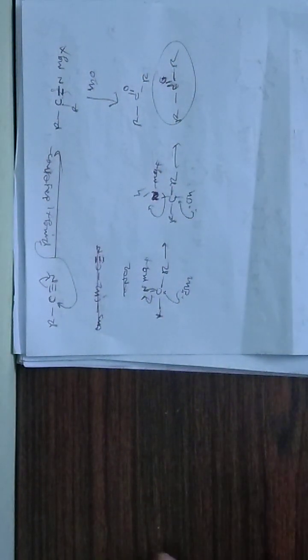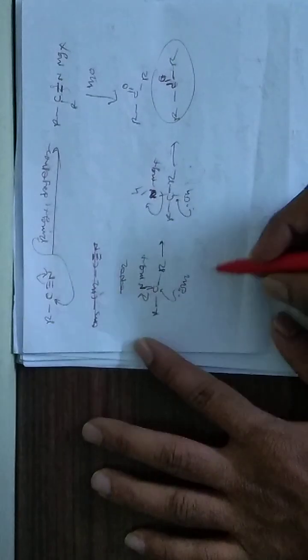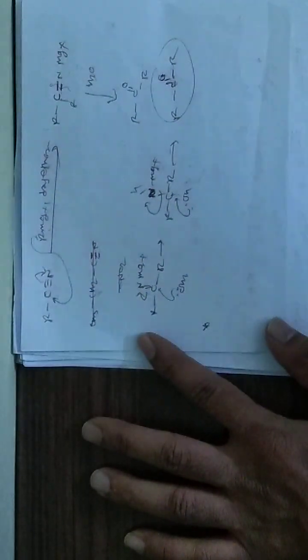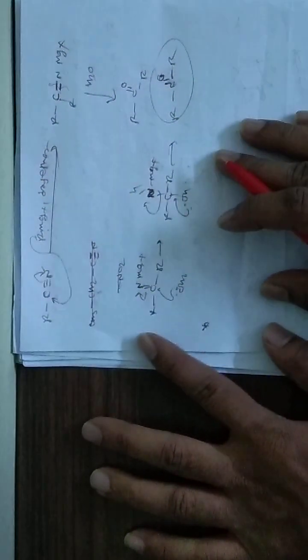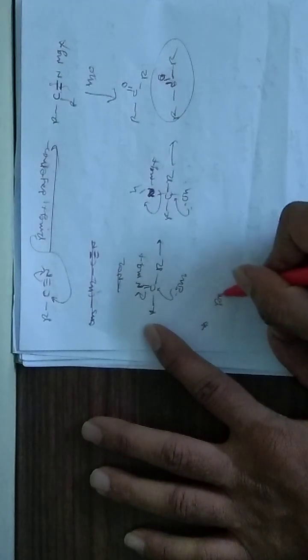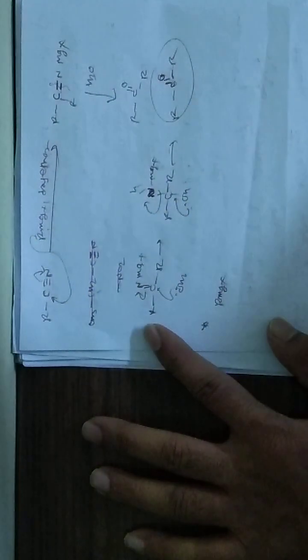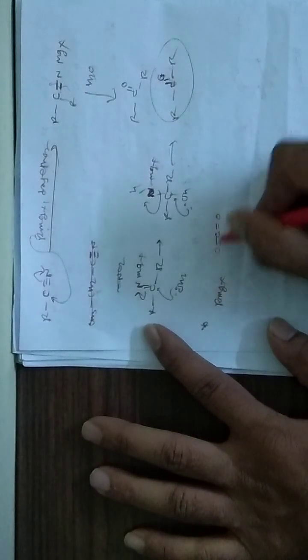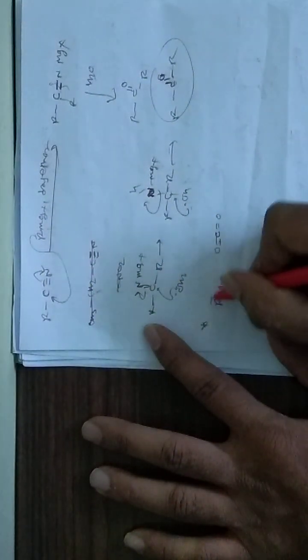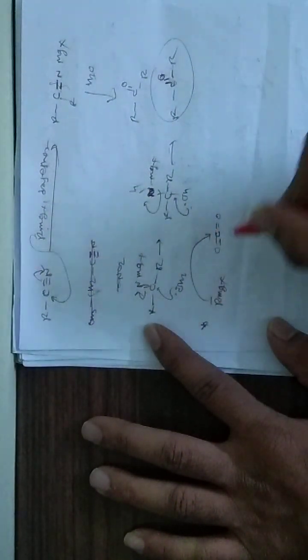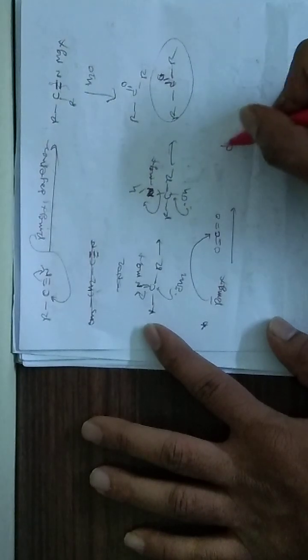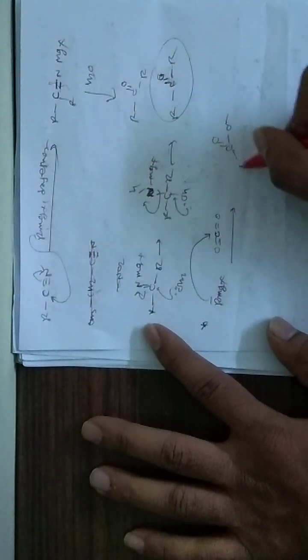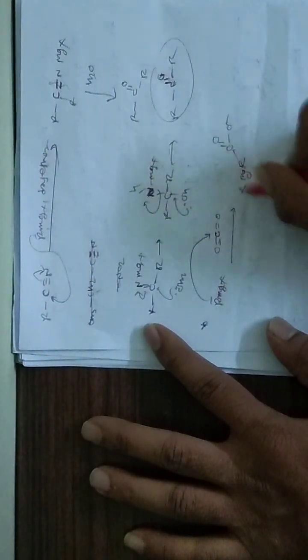Now we are going to see the reaction of Grignard reagent with oxides and sulfides. Let's suppose RMgX, how will it react with carbon dioxide? What is the structure of carbon dioxide? This carbon is electron deficient. R-MgX will act as a nucleophile and attack on that carbon. What will form? C double bond O, O minus, here R, MgX.